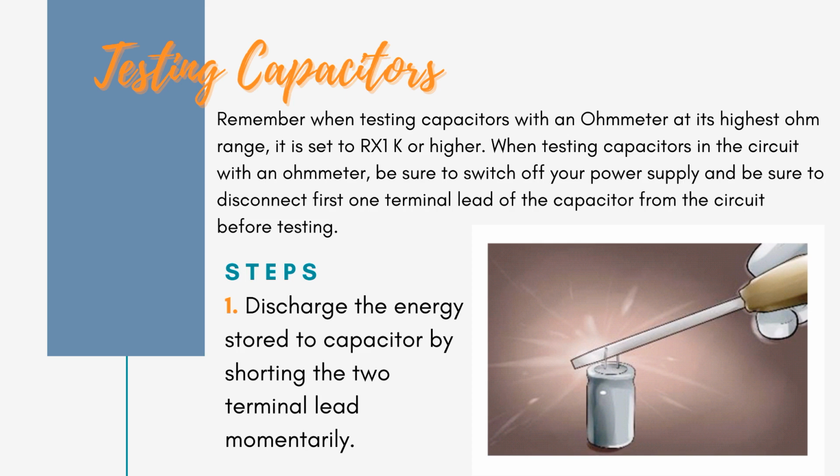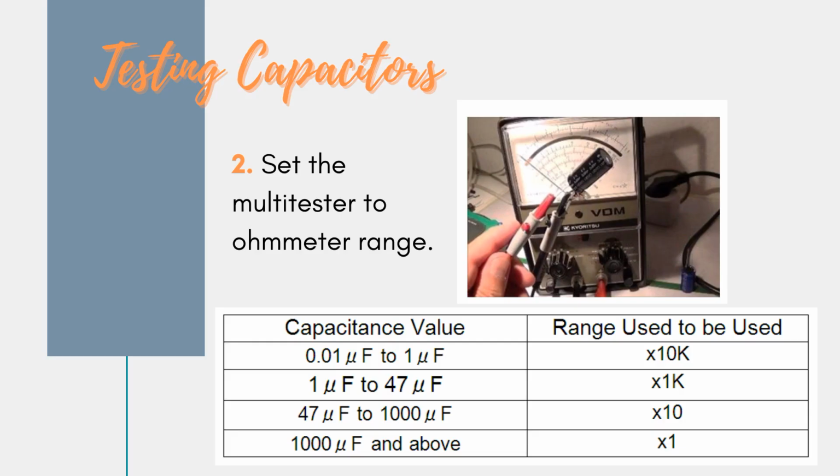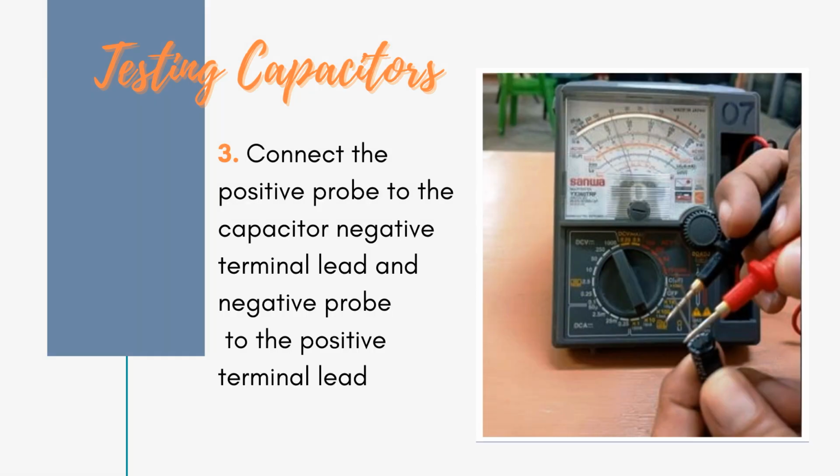Steps. 1. Discharge the energy stored in the capacitor by shorting the two terminal leads momentarily. 2. Set the multitester to the ohmmeter range. 3. Connect the positive probe to the capacitor negative terminal lead and the negative probe to the positive terminal lead.